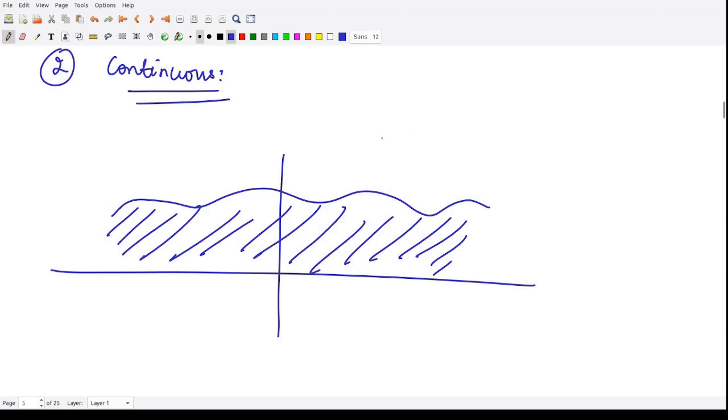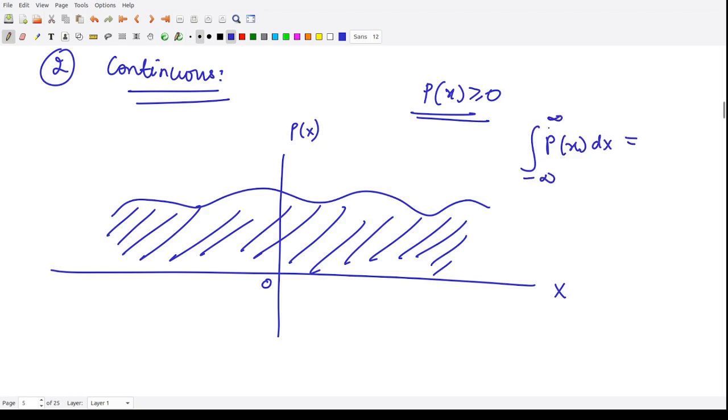In this case the probability distribution again is positive, that means all the values here will lie above 0. This represents p of x, this represents x, and because this is continuous in nature, the sum is represented by integration. The integral of p of x dx over the whole interval from minus infinity to infinity is always going to be 1. So this is the condition for a continuous distribution.